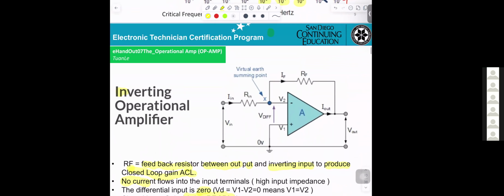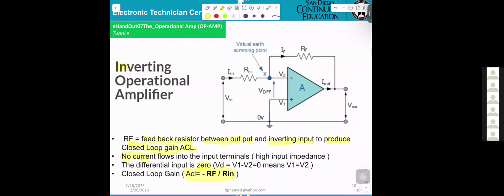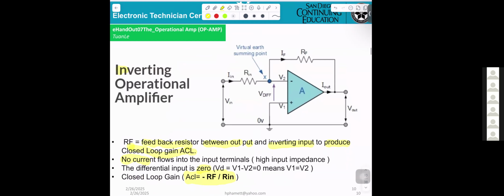Make sure if you get the wider bandwidth, then the gain will be moving down. Okay, this is the first one. You have to pay attention. Make sure you can understand.